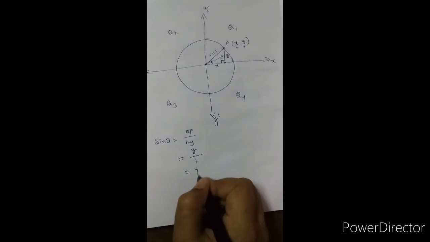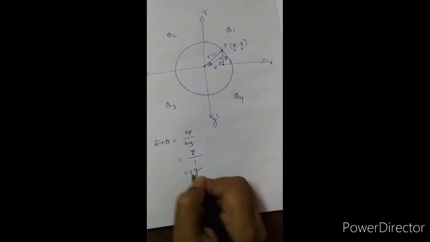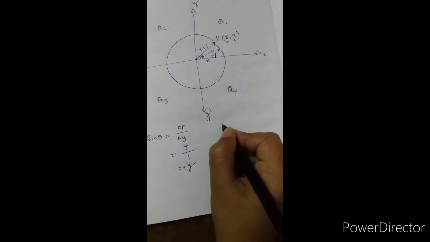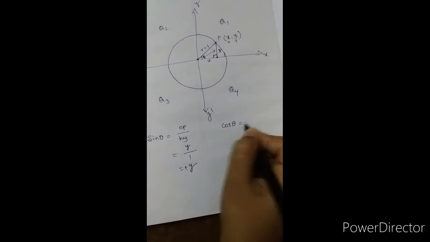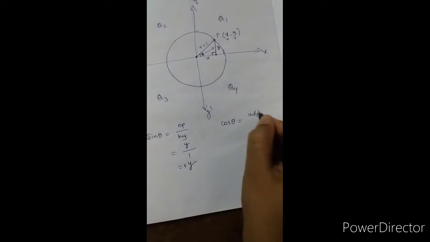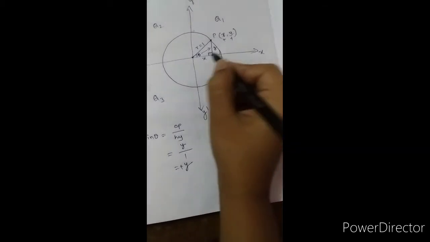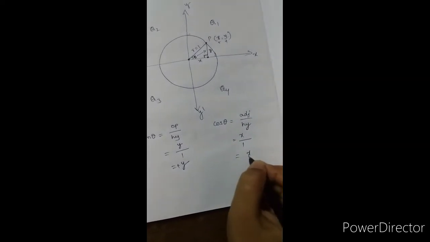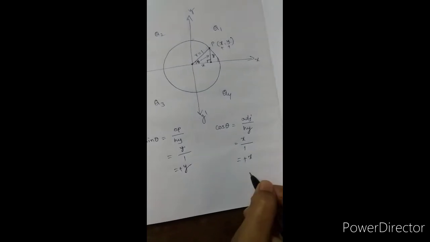So y by 1 means y. So y is a positive one. Next, cos theta is equal to adjacent side by hypotenuse. This is the adjacent side, its value x, by hypotenuse 1. So x. Here x is also positive.